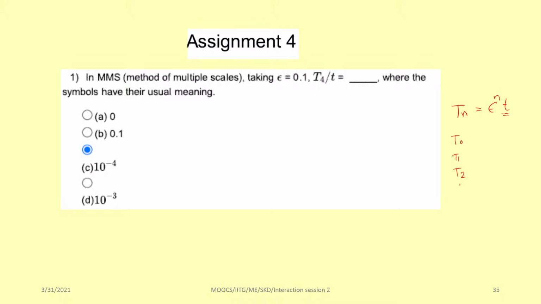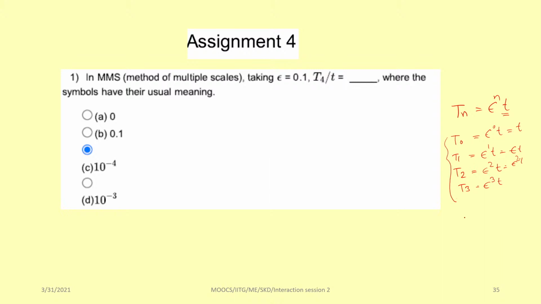Here T0 equals epsilon to the power 0 T, which is T itself. T1 equals epsilon T, T2 equals epsilon square T, and T3 equals epsilon cube T. This way you get different time scales.